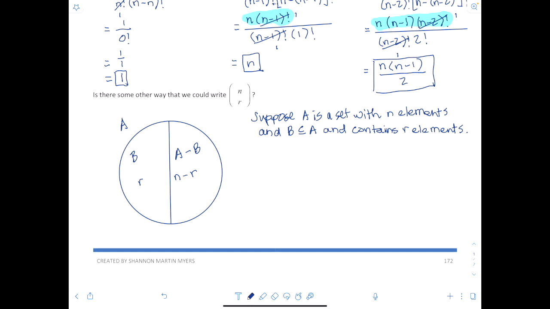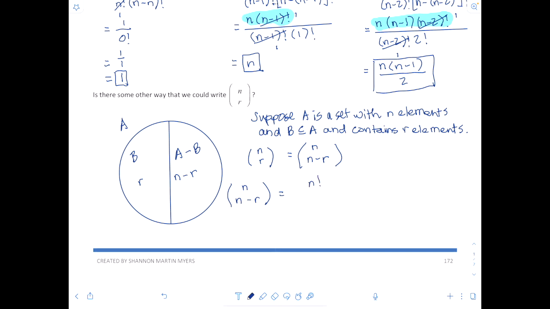Perfect. So another way of saying N choose R would be, beautiful, N choose N minus R. So looking at this and showing algebraically, what we could do is this. Let's check out what N choose N minus R looks like when we write it out.